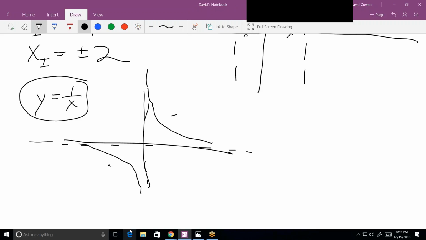X minus h squared over a squared minus y minus k squared over b squared equals 1. Well, when you're dealing with horizontal or vertical major transverse axes, that is the formula. But if you rotate that major transverse axis by 45 degrees, it turns into this simple one right there.